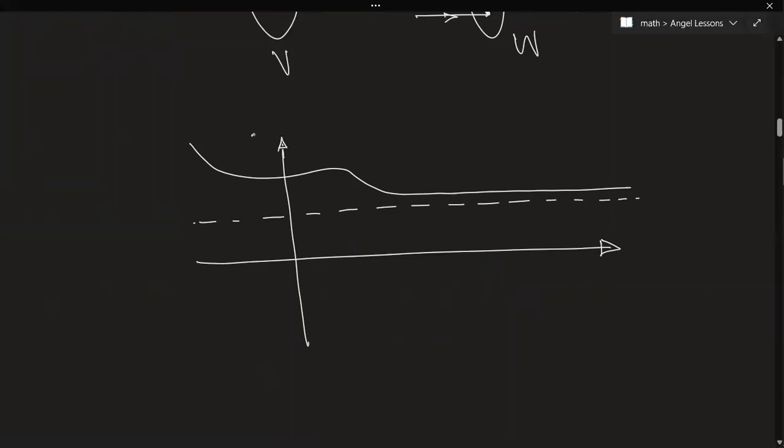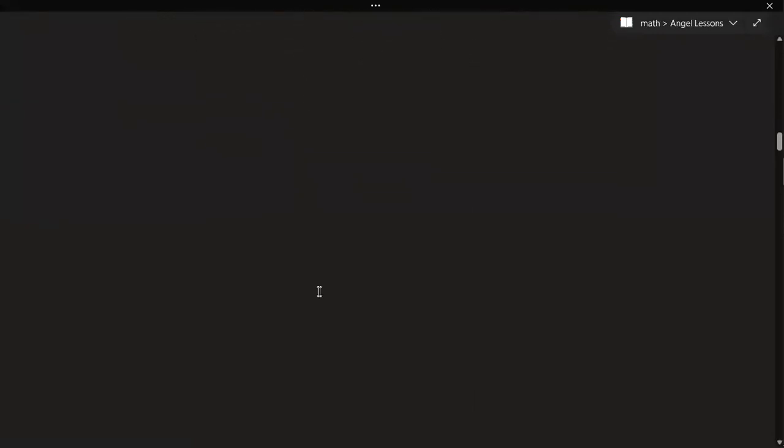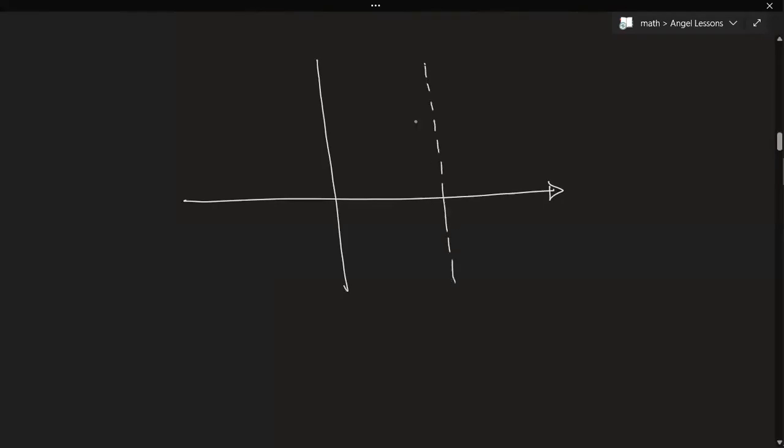Let me first check if I'm doing it the right direction. I think I'm supposed to draw it in a vertical way. I think this has to be vertical. So let's try to do it this way. I'm trying to see if I can create something that can explain what we want here.